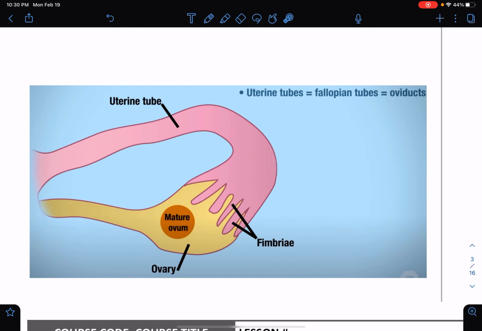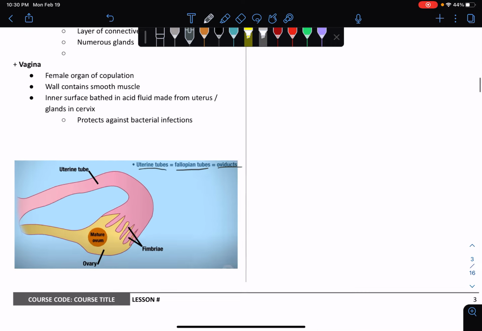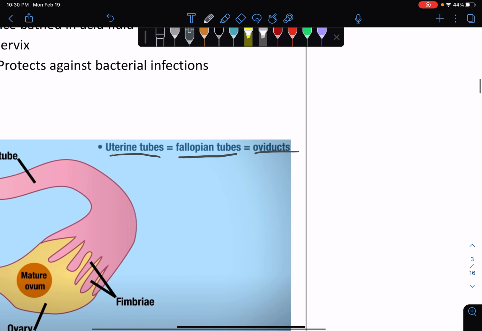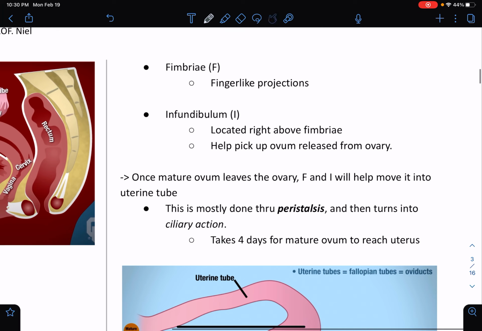Okay, this is the ovary, the fimbriae, and then the uterine tube. There are three names, just like what I said earlier today. The uterine tubes are also called fallopian tubes, as well as oviducts. Either of those terms, whatever is mentioned, you know what it means. So what's fimbriae?